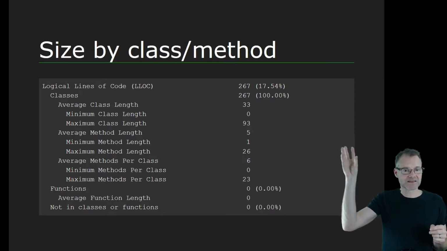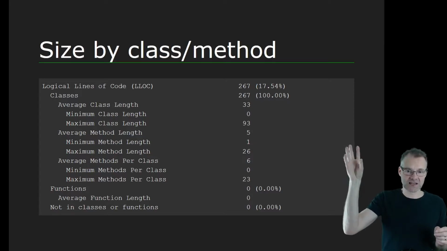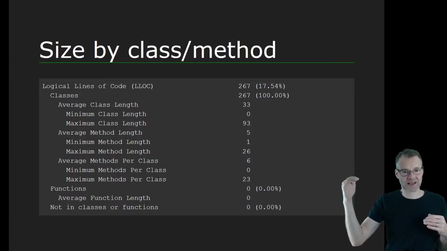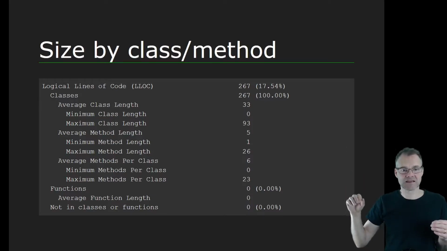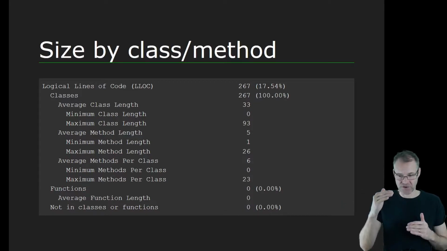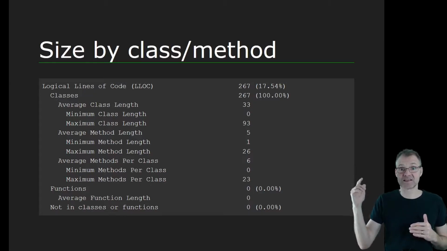So this is saying that we have 267 logical lines of code. Okay, so we know how much 267 logical lines of code are. We can relate to that. We can see that there are some classes here. The average class length is 33 lines of code. But the minimum class length is 0.